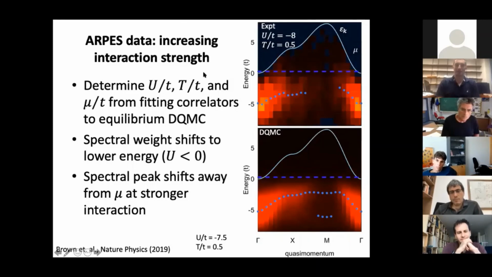And this is not invasive? When you do these RPES measurements, can you do that without actually having a strong effect on the state itself? Well, it's very analogous to what you do in condensed matter. You're just sending in a photon, and it kicks out the atom. We put it in our case in a non-interacting state.